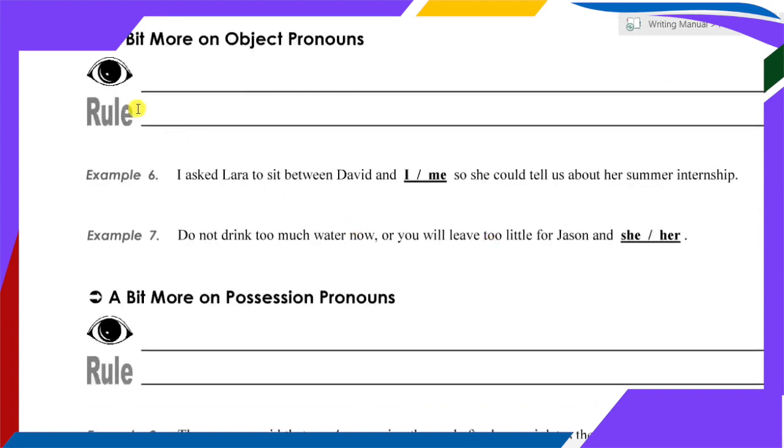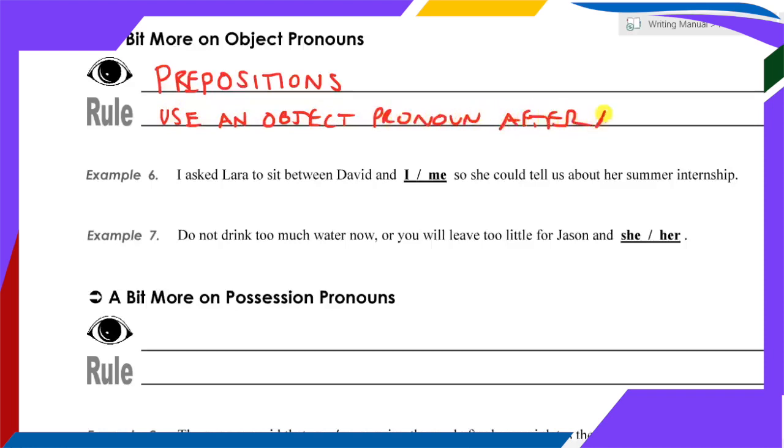A bit more on object pronouns. The tip-off clue here is simply prepositions. And the rule is use an object pronoun after a preposition.